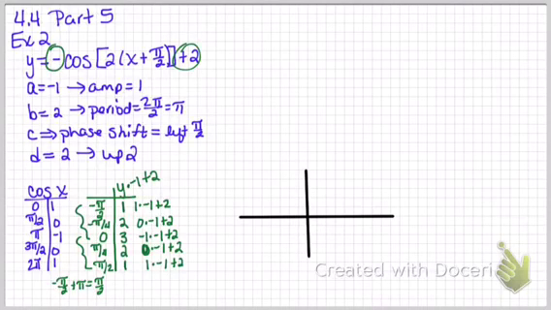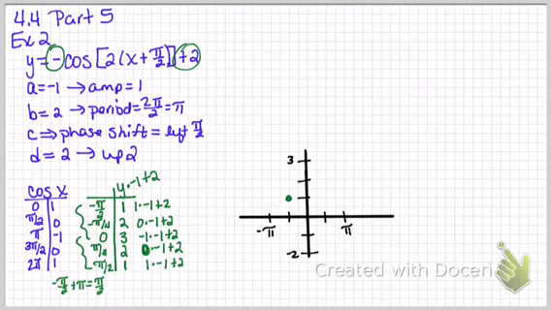So make sure you label your scale. Just plot your points. So we have negative pi over 2, 1.